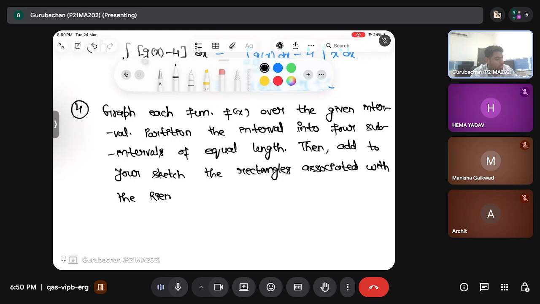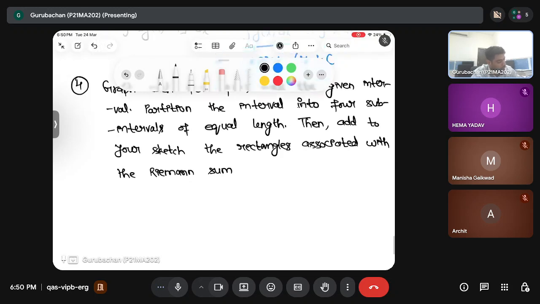What is the general form of Riemann sum? Sum over k from 1 to 4 of f of, since we are working here with 4 subintervals of equal length, it will be like this.